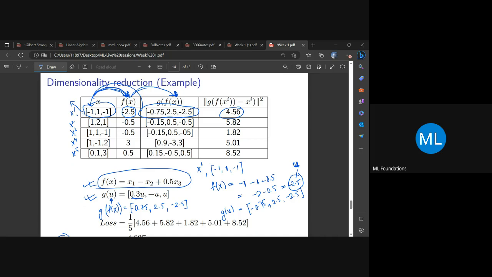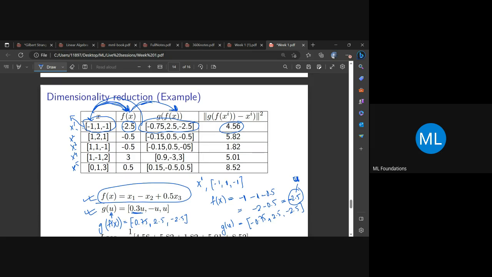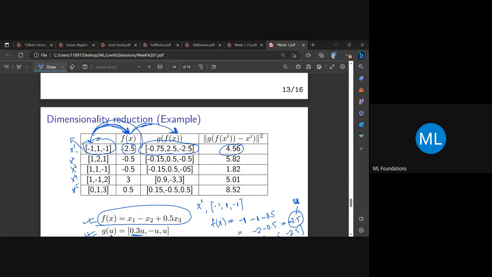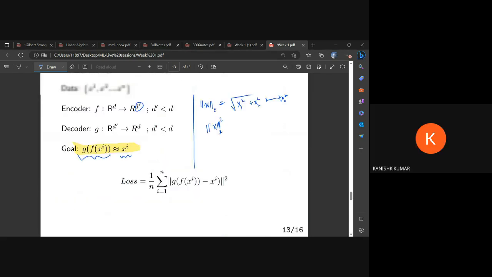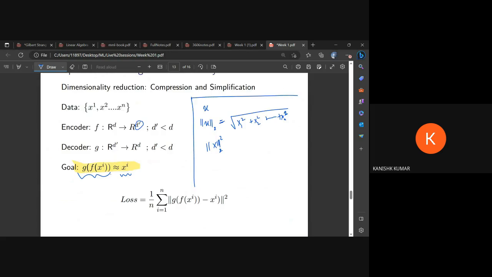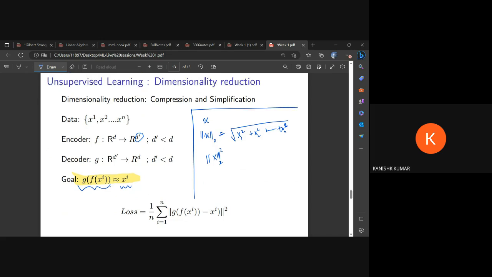In f(x) you're reducing the dimension, going from 3 dimensions to 1 dimension. So we are comparing the decoder function to the main function that we have, and the total loss that we get at the end tells us whether it is good for us or not.